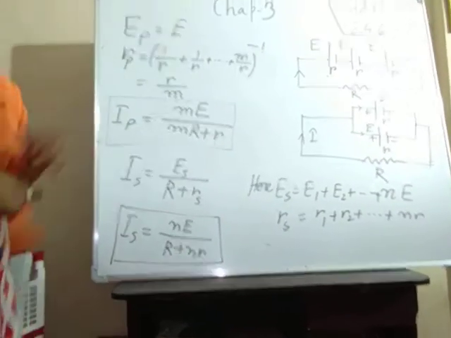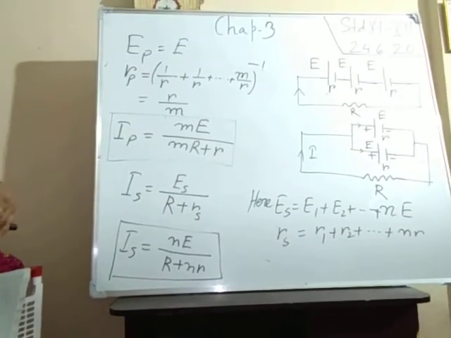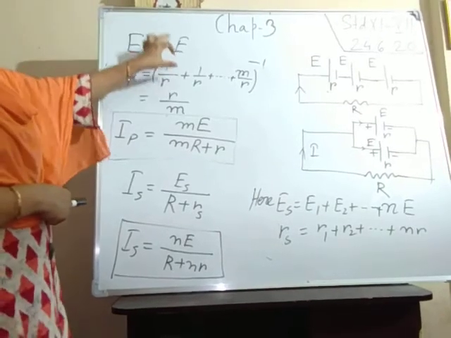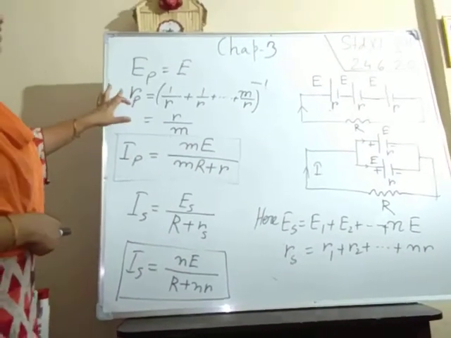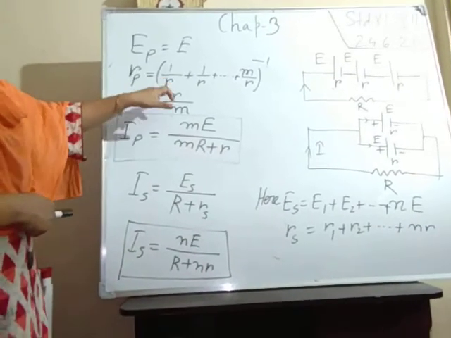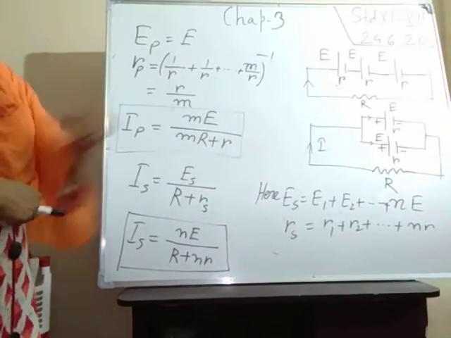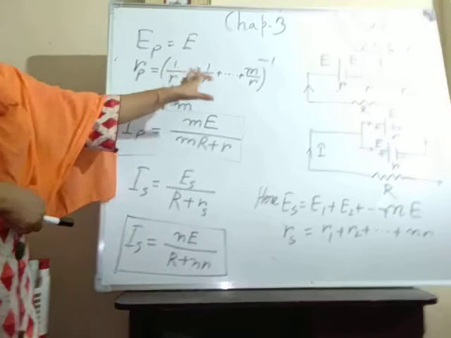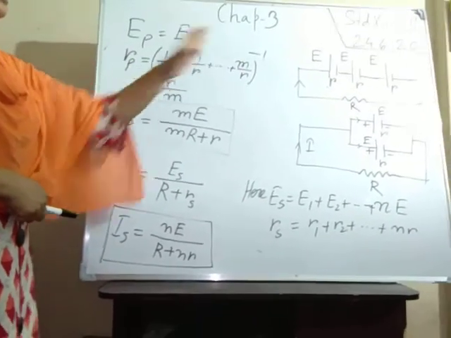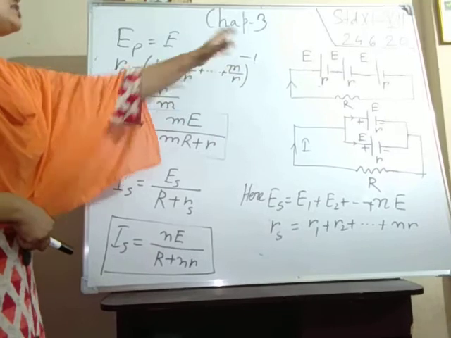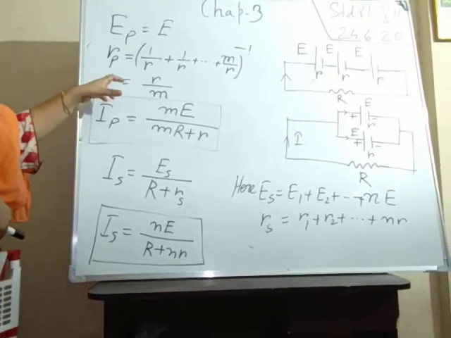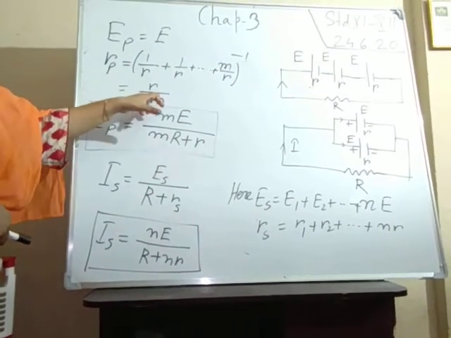All the cells have the same strength, that is E. So here we just take the electromotive force of any one cell. EP equals E and RP equals 1 by R plus 1 by R, because all the internal resistances are R, up to, if there are M number of internal resistances, M by R inverse 1. So at last RP is obtained as R by M.